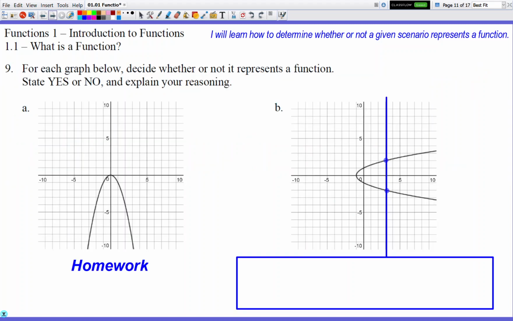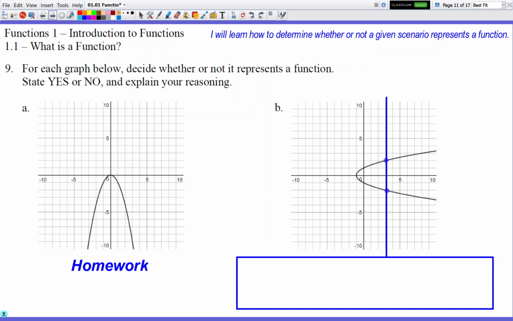And look at what we have in our very next slide. We have graphs, and we're going to use a vertical line test to evaluate it. I'm going to say 9A for homework, but I'm going to do 9B. This blue line that I have hitting the graph, this sideways parabola, is going to be my vertical line, and I'm testing to see if this sideways parabola is a function or not.